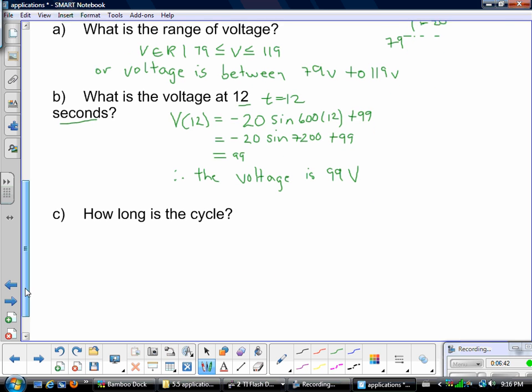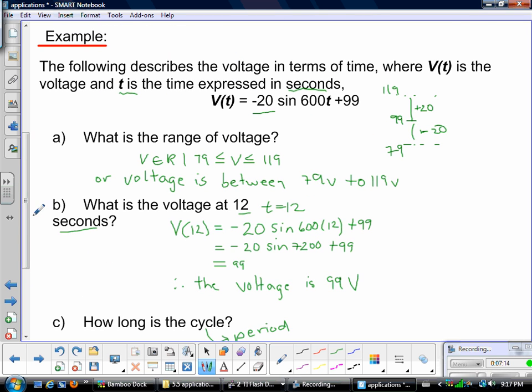It then says, how long is one cycle? Well, remember, we didn't draw this, so I'm not quite sure. Remember, from our first lesson, a cycle is the same as a period. So I do know things about periods and formulas because I know period is equal to 360 divided by B. In this case, my B, if I go back up to my equation, is 600.